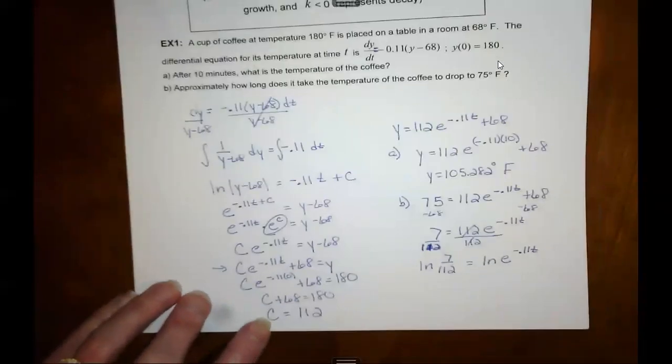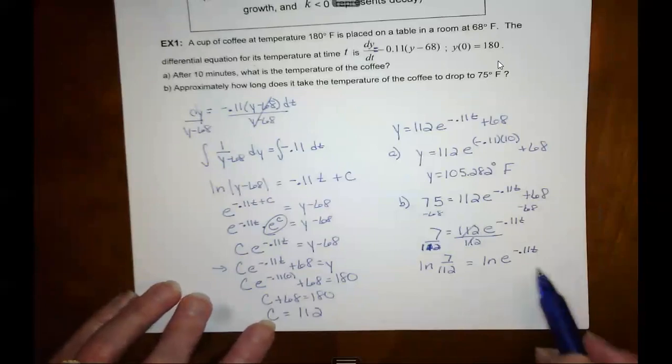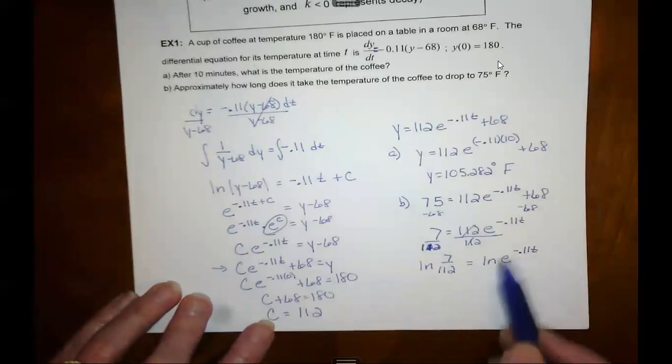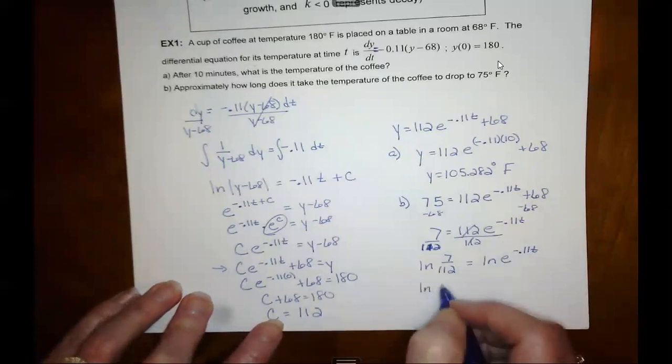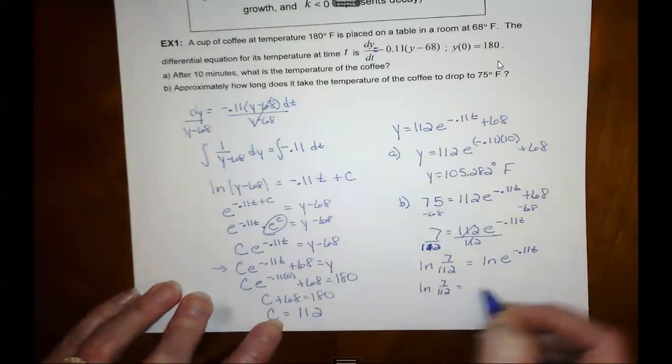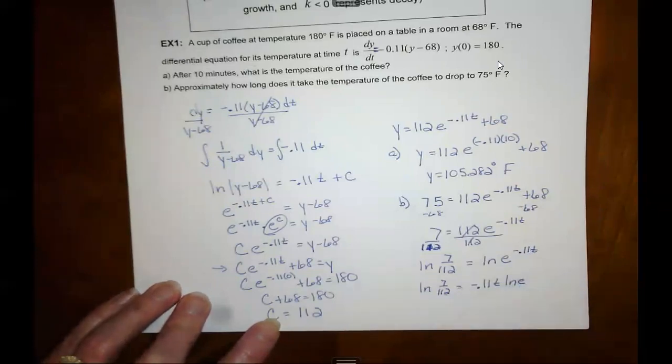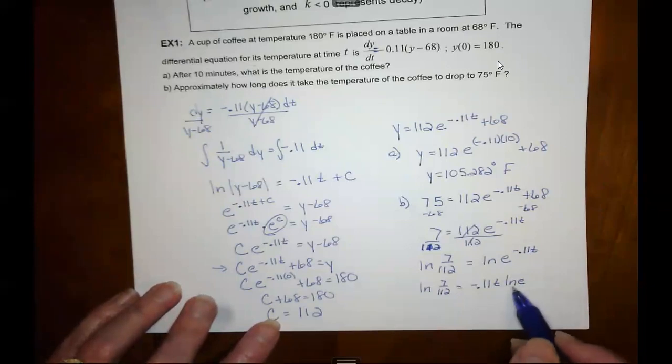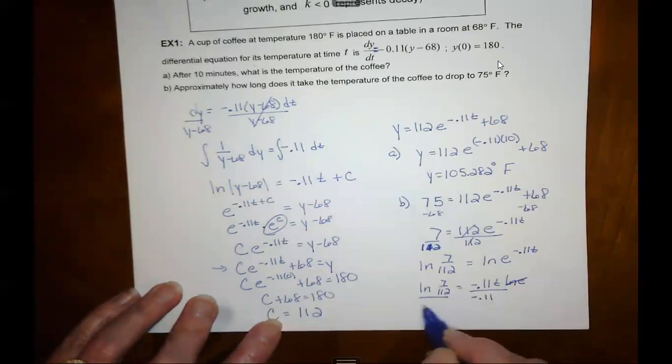And I don't know if you guys remember, so I'm going over all the steps again, but whenever you're solving this type of equation, the exponent moves to the front. So we have ln of 7 over 112 equals negative 0.11 t ln of e. All right, the ln of e is just 1, so that is gone. So we're going to divide both sides by negative 0.11.